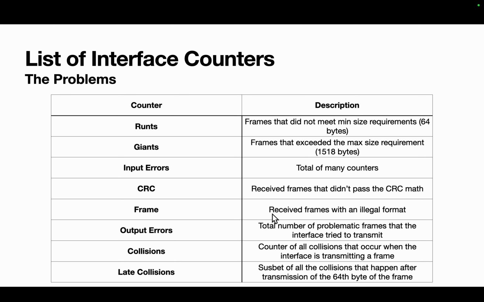Frame means received frames with an illegal format. Output errors is basically the total number of problematic frames that the interface tried to transmit.